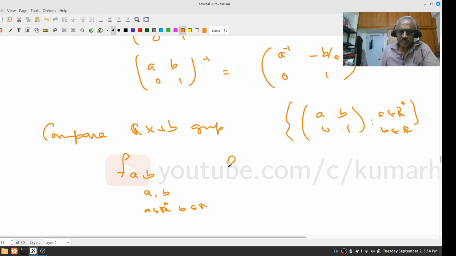So you can see f of AB going to this matrix A, B, 0, 1 is a bijection of these two groups.